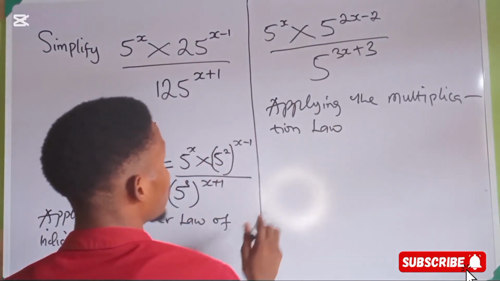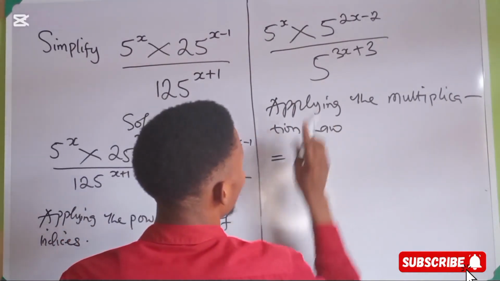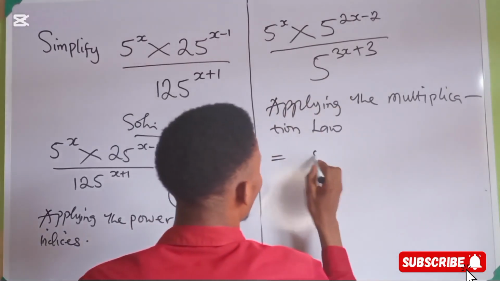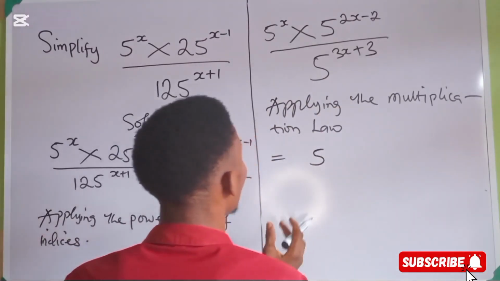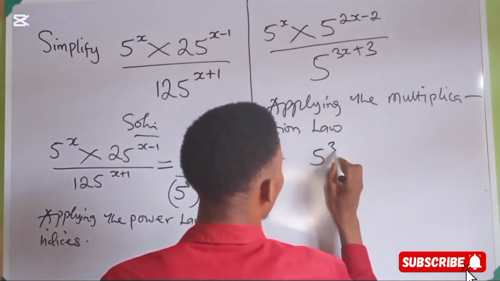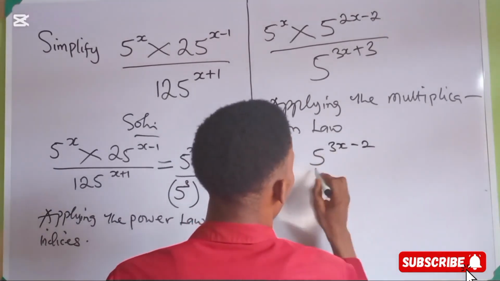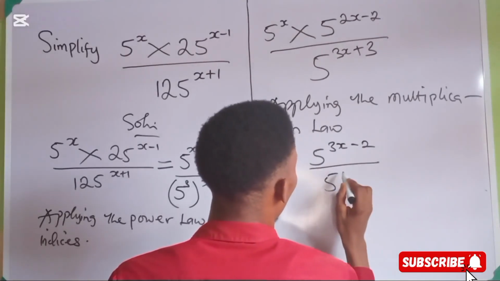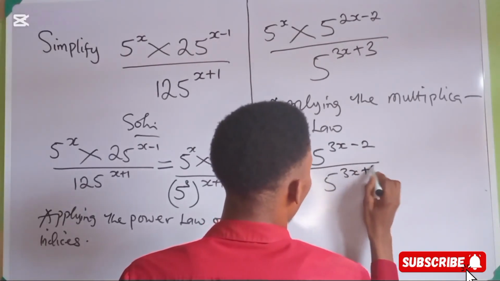If you apply the multiplication law, that's when you have this is equal to 5 raised power 3x minus 2, all divided by 5 raised power 3x plus 3.